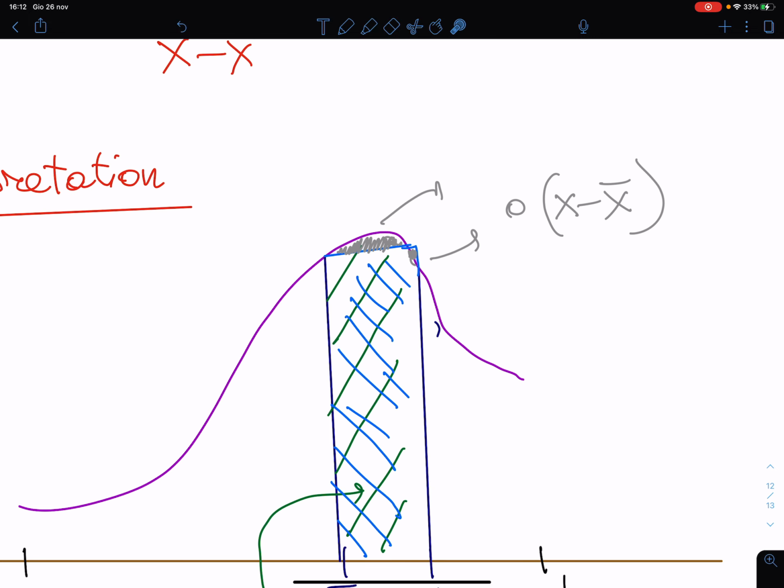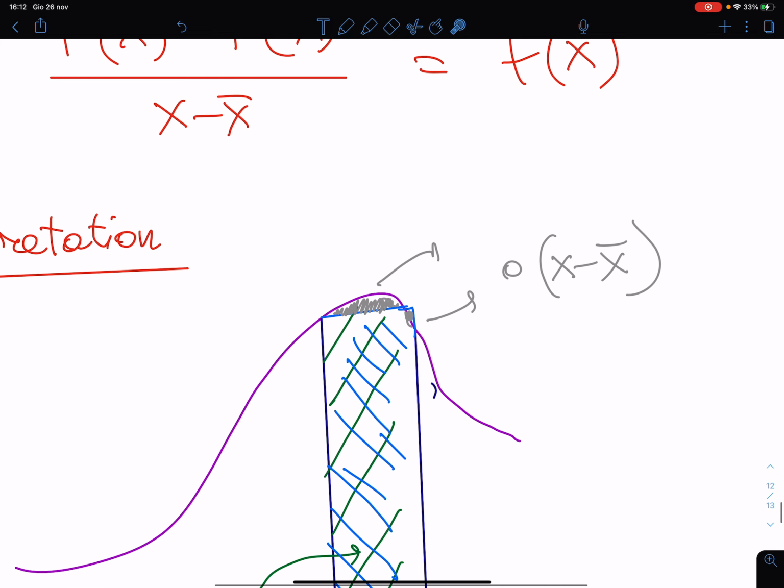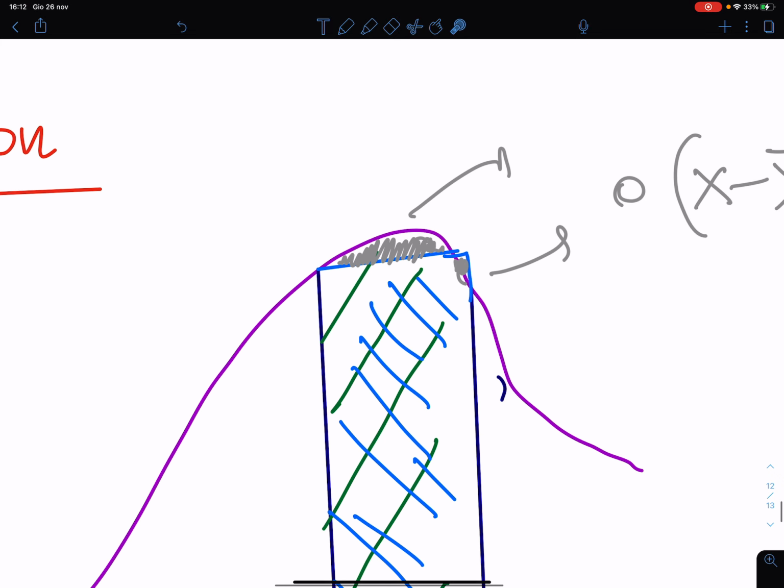First of all, it is not a regular region, okay? But if we go closer and closer, it may seem to be a regular region, a sort of triangle. This triangle has a basis, which is X minus X bar, and this basis goes to 0 as X moves towards X bar.